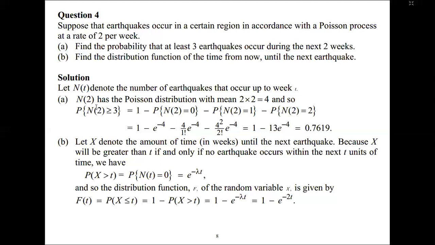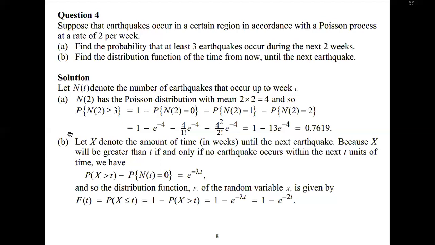So the question said that we should find the probability that the number of earthquakes in 2 weeks will be greater than or equal to what? 3. At least 3 means 3 or more. So 3 or more earthquakes occurring after 2 weeks is the same as 1 minus the probability of fewer than 3.